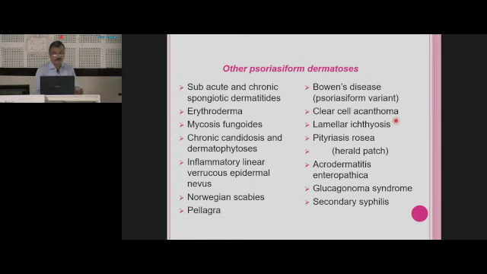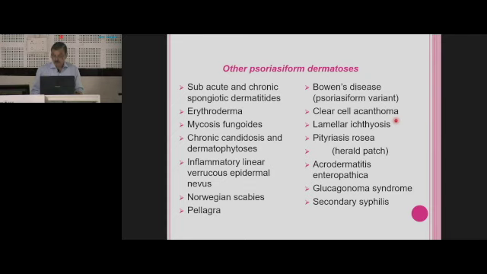Now mycosis fungoides and Bowen's disease are entirely different conditions, but they have psoriasiform hyperplasia in the epidermis. The prototype of this particular psoriasiform dermatosis is the psoriasis.